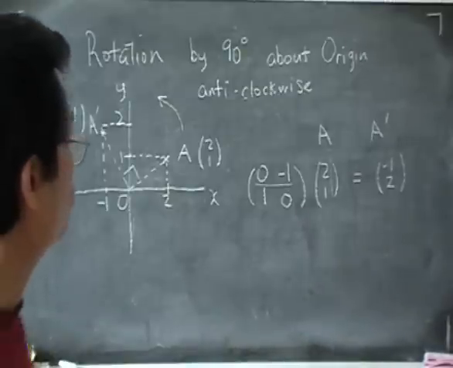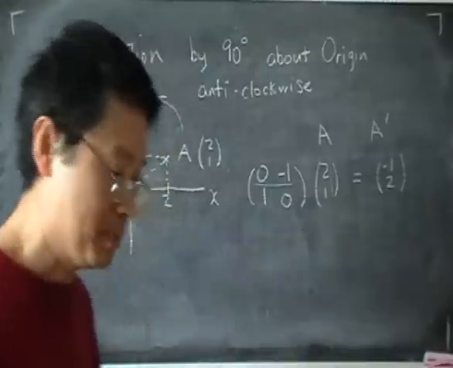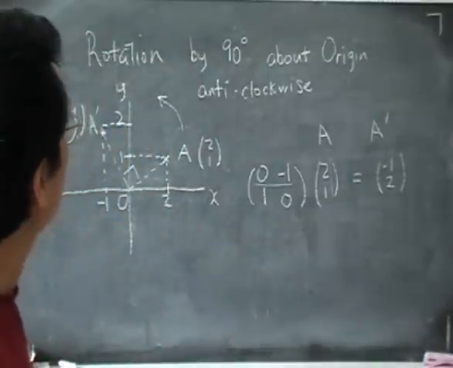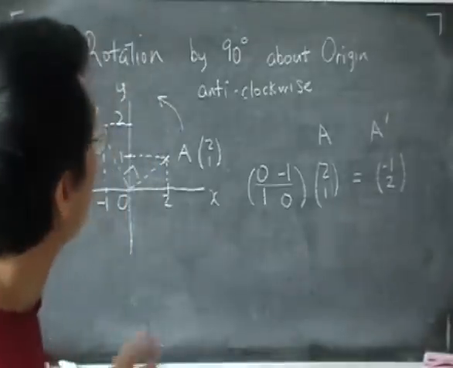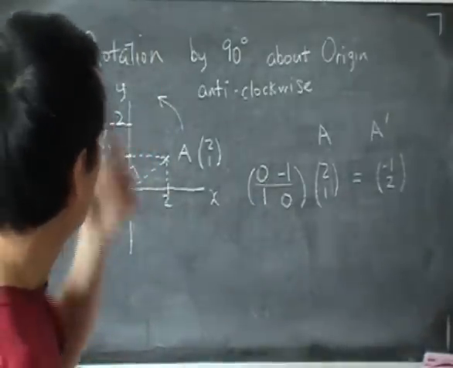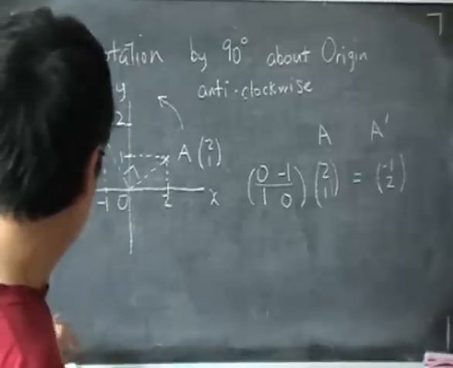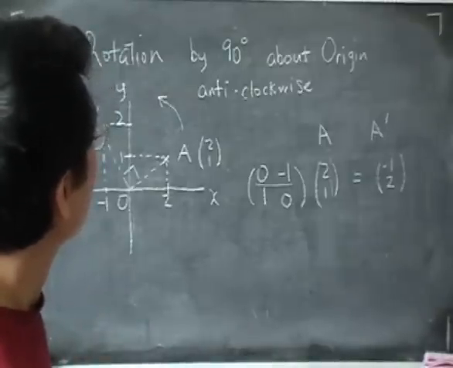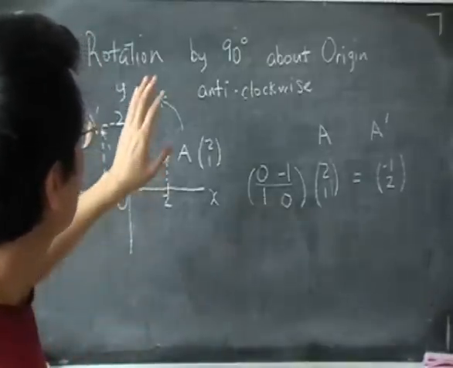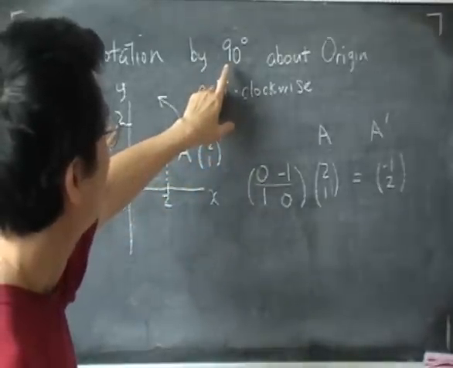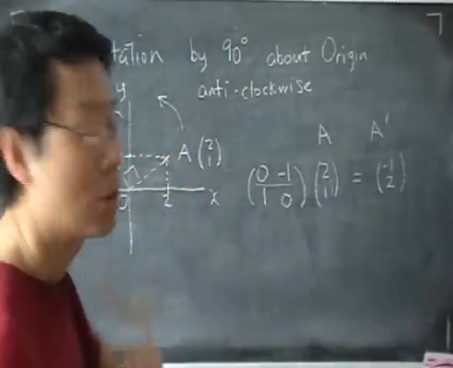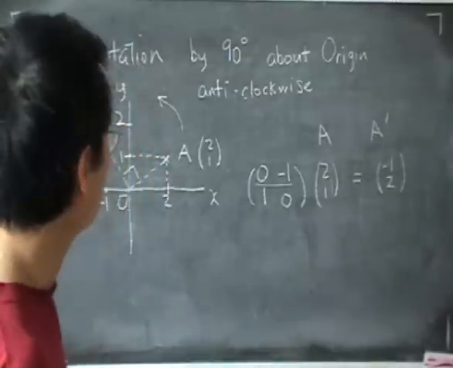There are actually two other special cases, simple cases for rotation, and the other case is when we rotate by 90 degrees clockwise instead of anti-clockwise.